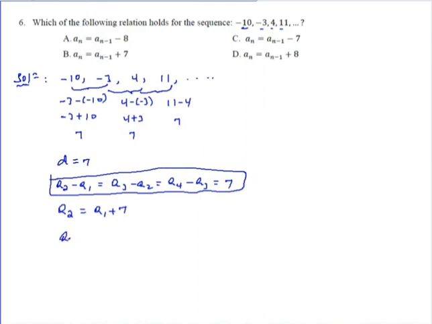Or the third term is equal to the second term plus 7. So the nth term is equal to the preceding term plus 7. So our answer is B.